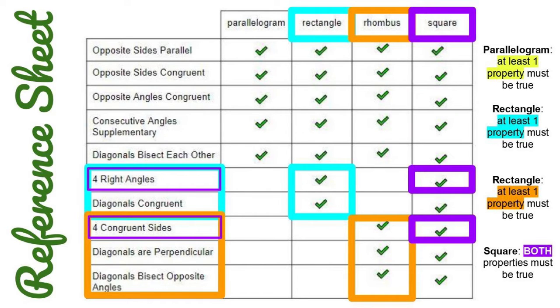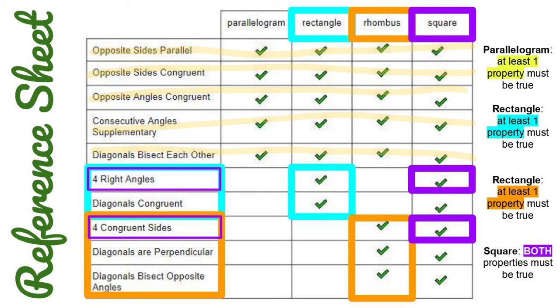So one of the resources that you will have is a reference sheet where you will be able to see exactly what properties we are talking about. So, for example, we just talked about how all the properties of a parallelogram will hold true for my three new shapes.